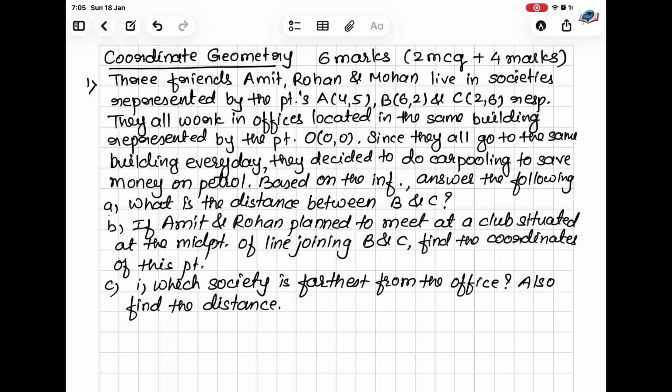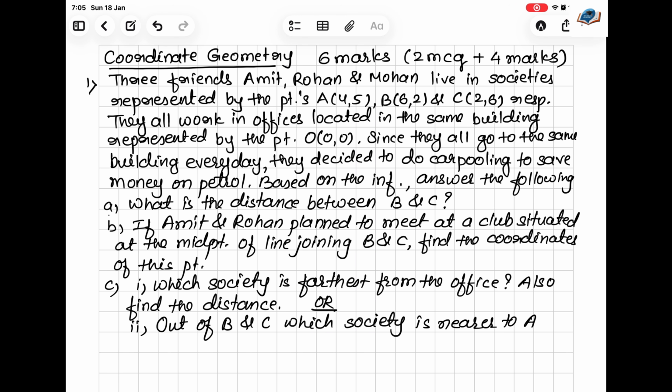Now in that only the second question which is asked is out of B and C, which society is nearer to A? Also find their distance.